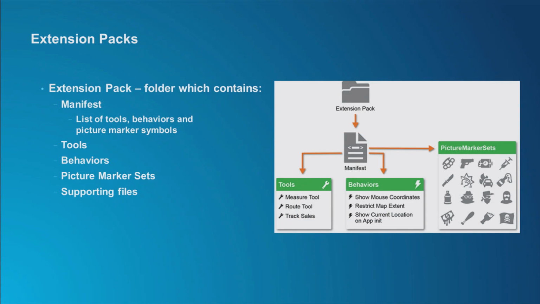And the extension pack just combines them together and specifies all of them using a manifest file. The manifest file is self-explanatory. It lists all the tools, behaviors, and picture marker sets, and their location and the implementation of those bits. I will show an example of the extension pack manifest file.